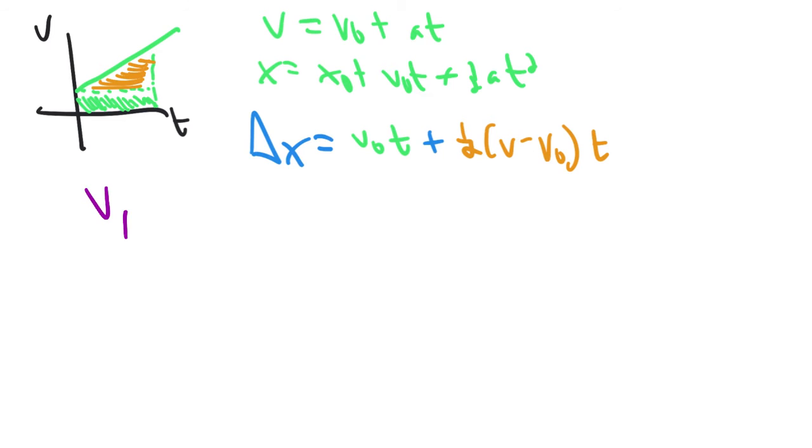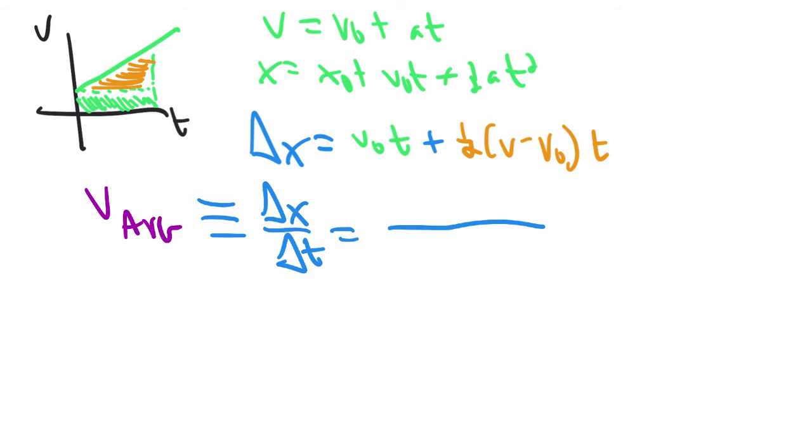the average velocity? And the average velocity is always delta x over delta t. That's always true. So in our case, it's going to be V0 t plus 1/2 (v minus V0) t, all over, well, delta t is just t.